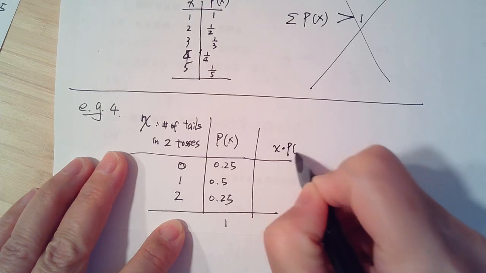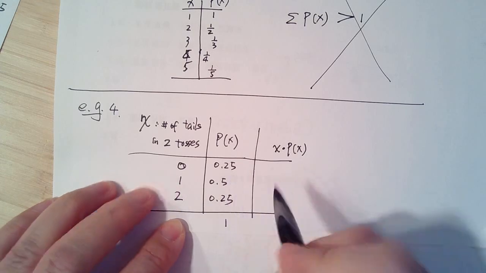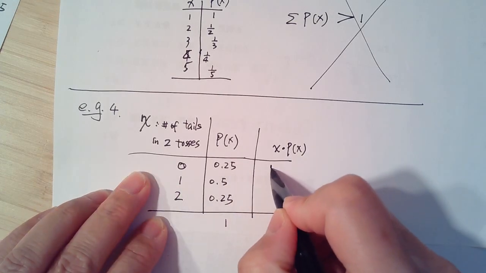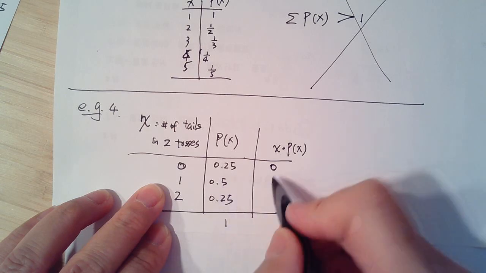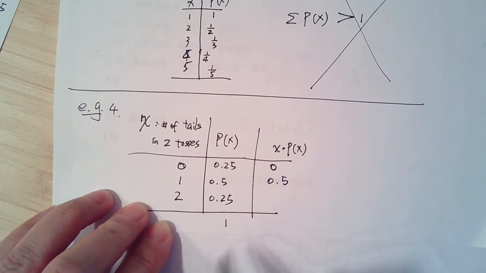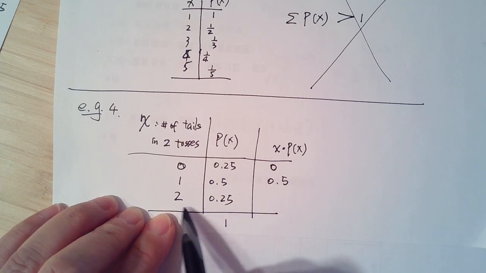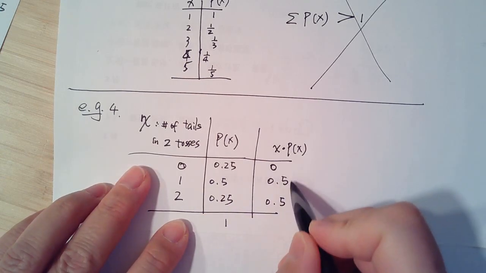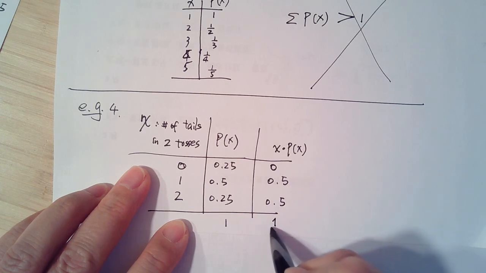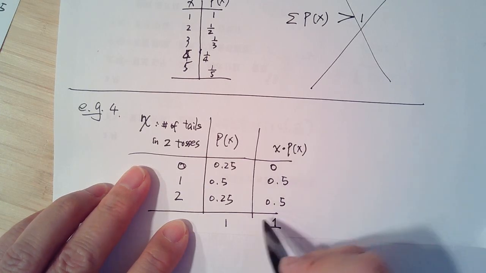Which is 0 times 0.25, which is 0. Then 1 times 0.5, which is 0.5. And then 2 times 0.25, which is 0.5. We only need to add them up: 0 plus 0.5 plus 0.5 is 1. That means our mu is 1.